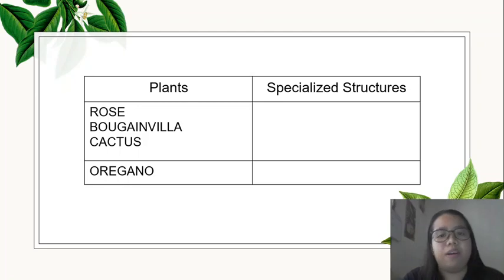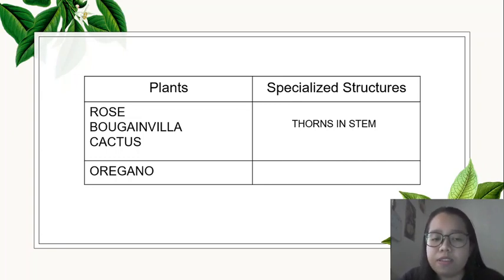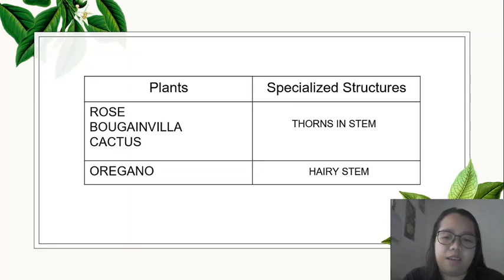What are their specialized structures? Yes, very good. The rose, bougainvillea, and cactus have thorns on their stems, while oregano has a hairy stem.